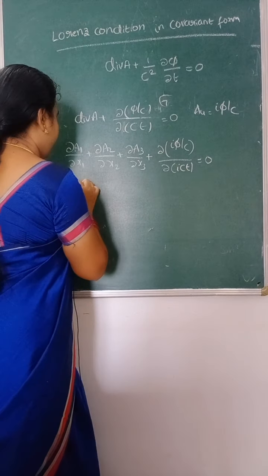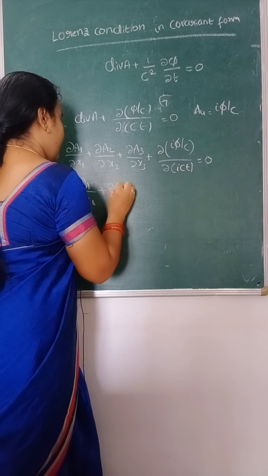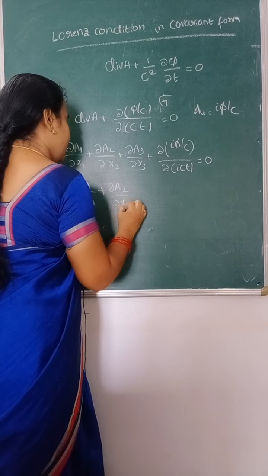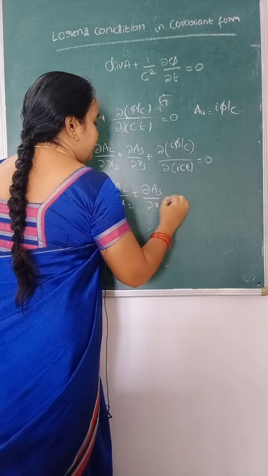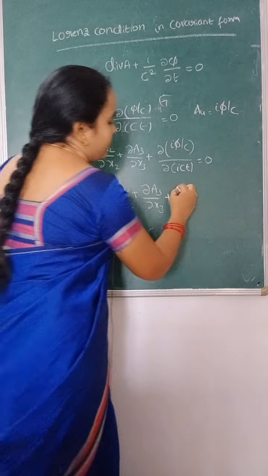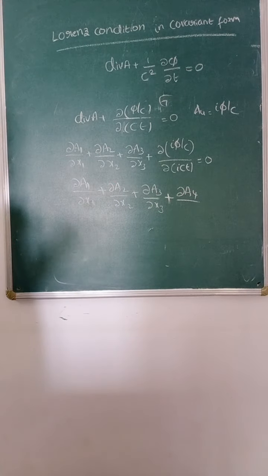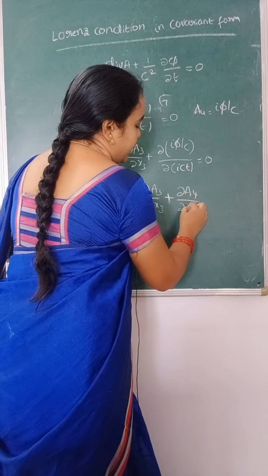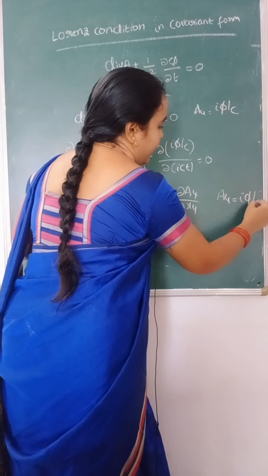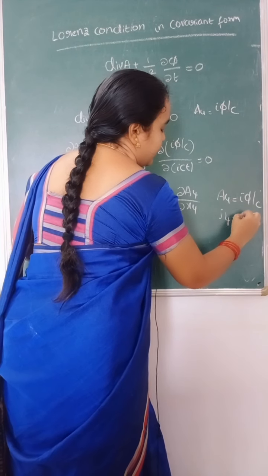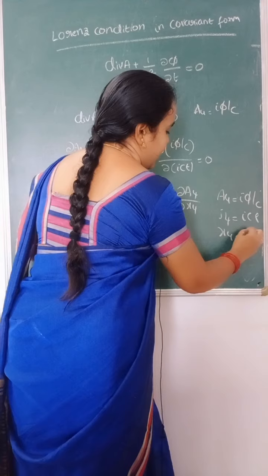What is dou of i phi by c? This is dou A4. Dou A1 by dou x1 plus dou A2 by dou x2 plus dou A3 by dou x3 plus dou A4 by dou x4. So what is x4 here? A4 is i phi by c, and x4 we have assumed as ict.